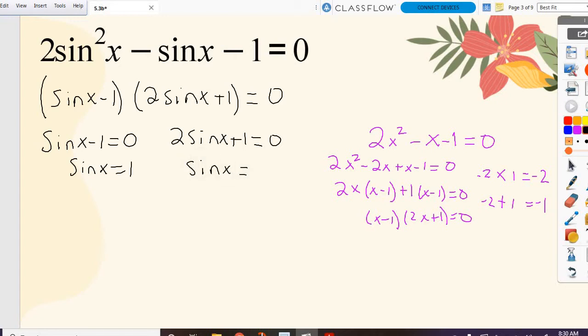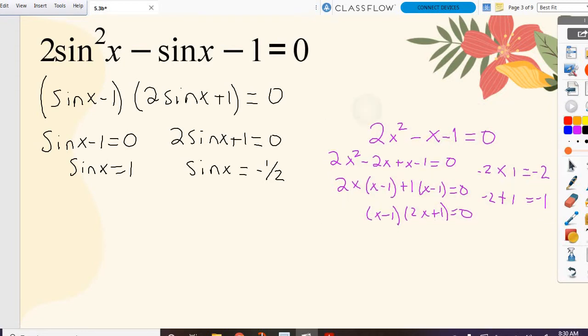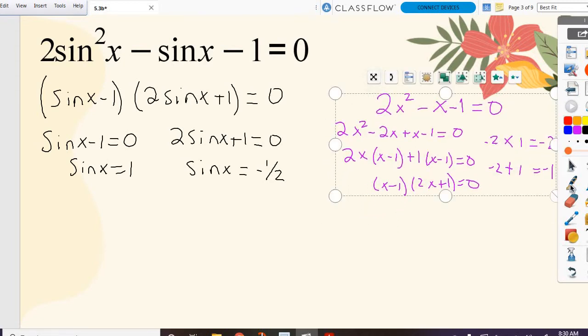And then on our second one, we would subtract 1 and divide by 2. So remember that we have two ways that we can try to solve our trig equations. Basically, we're working our way backwards.